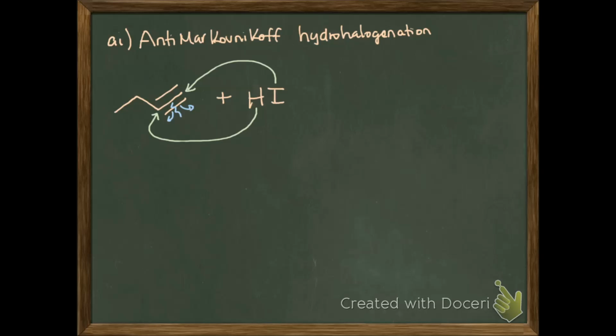The first product will be an alkene with iodine or the halogen in this carbon. This is the partial reaction.